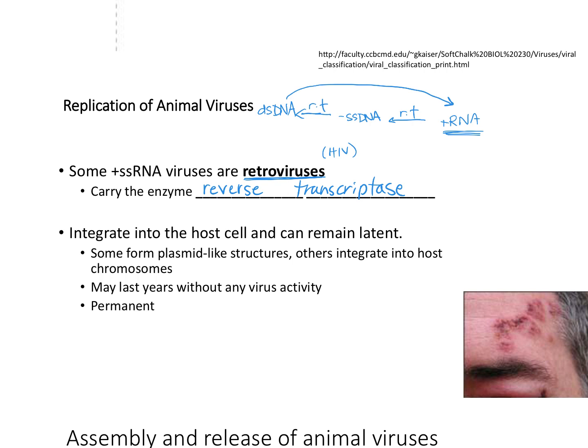David Baltimore, remember we talked about the Baltimore classification system, did a lot of work on retroviruses. It seems crazy, but double-stranded DNA is much more stable, and that allows HIV to integrate into the host cell. So it's one of the viruses that can integrate in the host cell and remain latent.